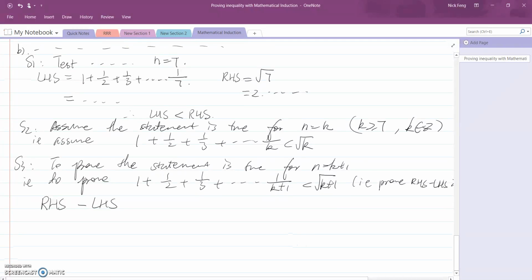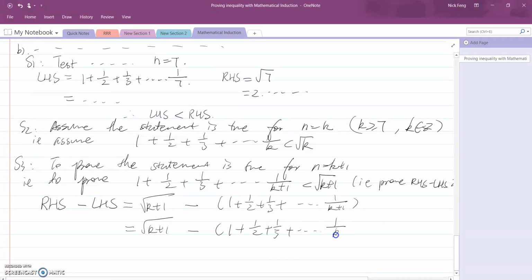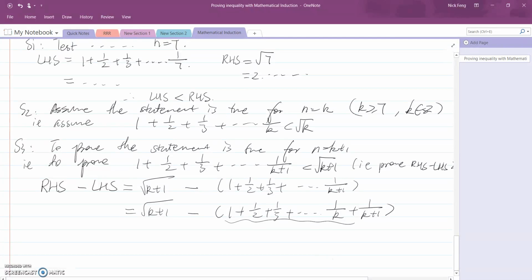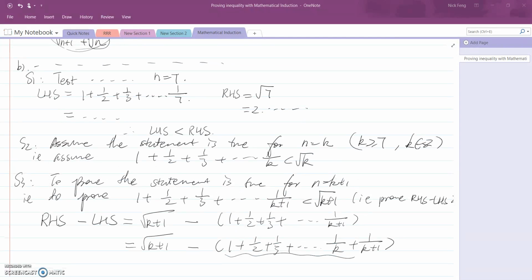So in this case, right-hand side minus left-hand side is root k plus 1 minus the whole thing, and that is, if I rewrite this with one more term as usual, and this part is the assumption, and we're going to replace this part by root k.